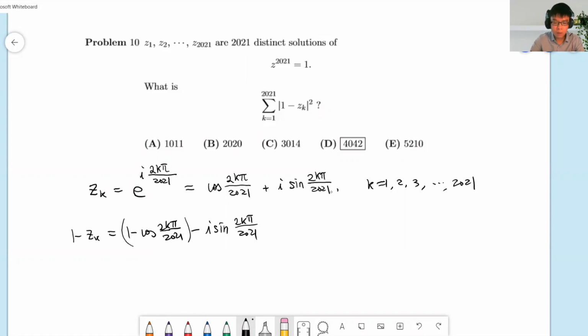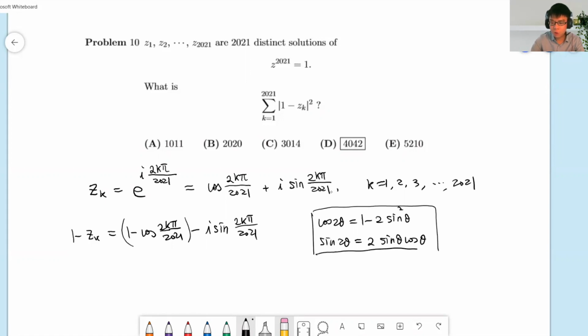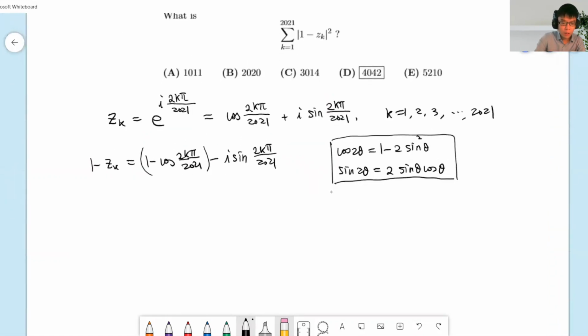Double angle formula says that cosine 2 theta equals 1 minus twice sine theta squared, and sine 2 theta equals twice sine theta cosine theta. Those are double angle formulas for cosine and sine. Let's apply here. The first parenthesis equals twice sine squared k pi over 2021.